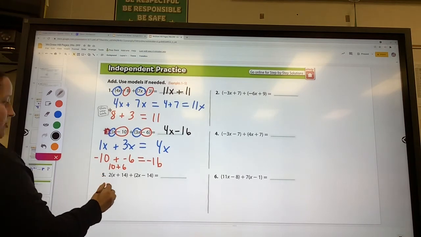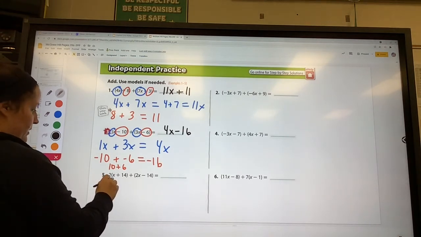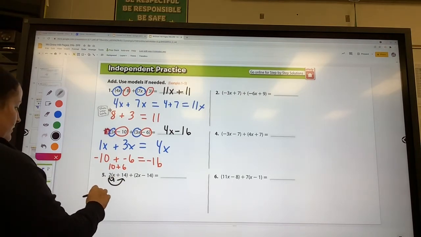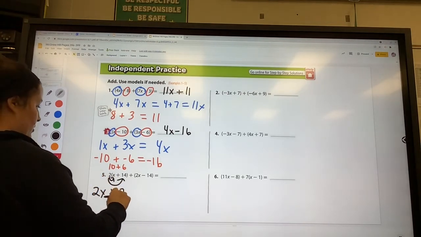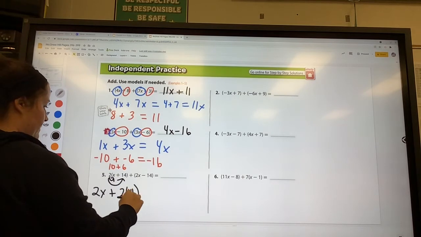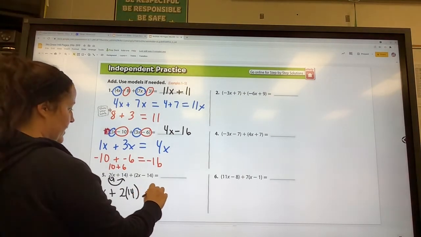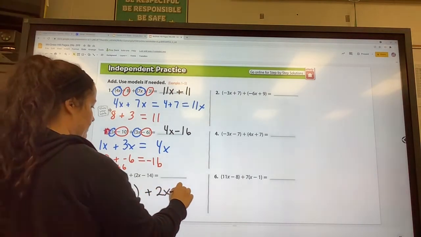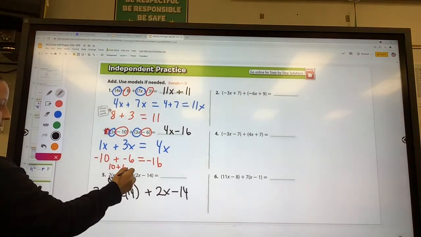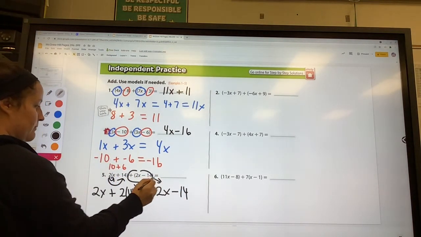Here you have to just do the distributive property first, and I'll do it underneath since I don't have room on top. So 2x plus 2 times 14. I'll rewrite the rest of it since it's there without parentheses, right? This is just rewritten, okay?